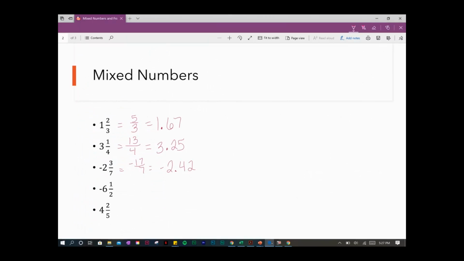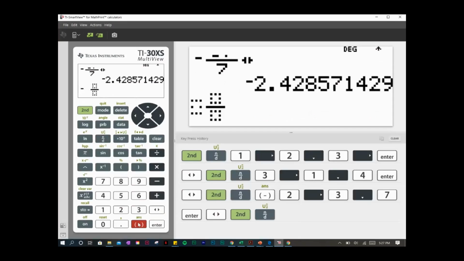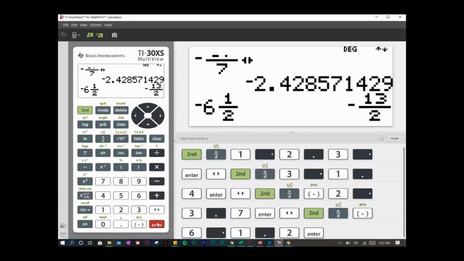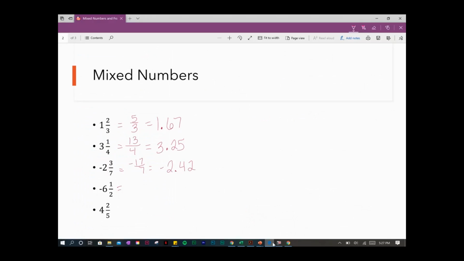All right, next one we got is -6 1/2. So again, calculator, second, that fraction button. -6, right arrow 1, down arrow 2, enter. We get -13/2, which if we use the toggle button is -6.5.